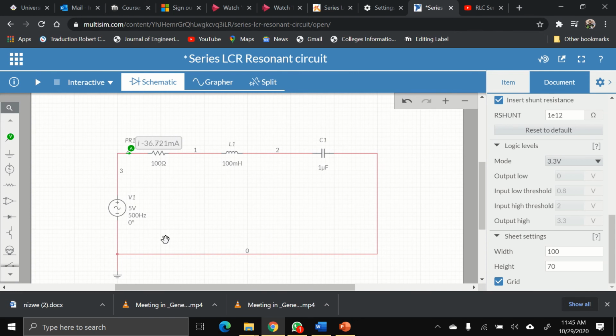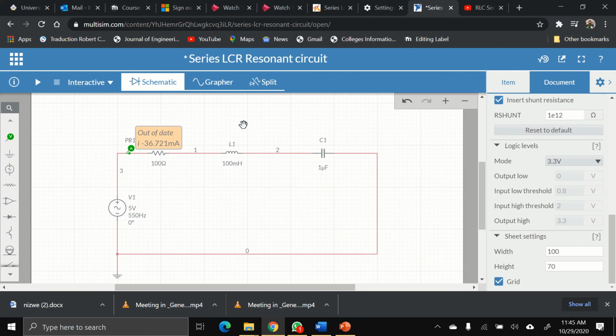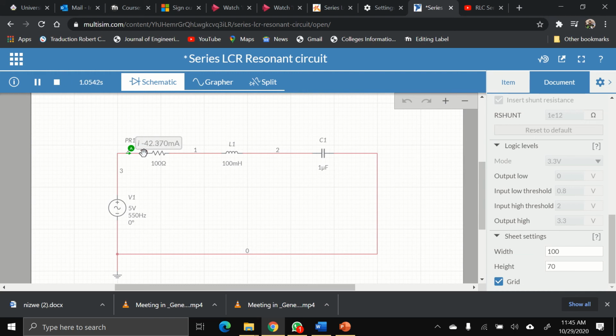Going back to the circuit. Now this is 500 hertz. Let's say I give 550 hertz. Now the circuit will work at 550 hertz, and again we simulate the circuit. There is no one fixed value because it is oscillating, so we have to see the peak value.